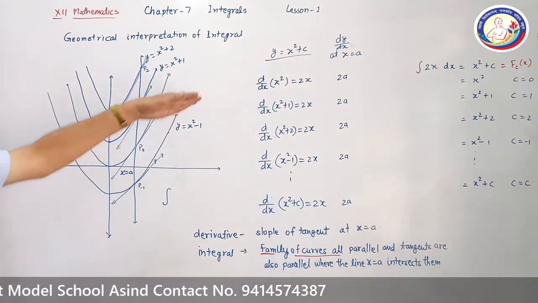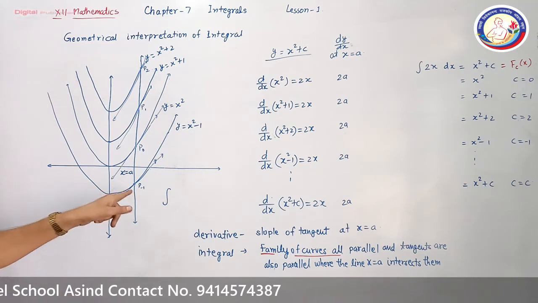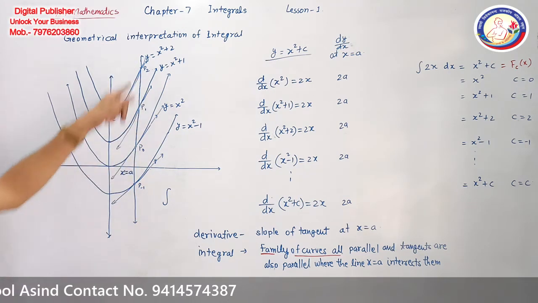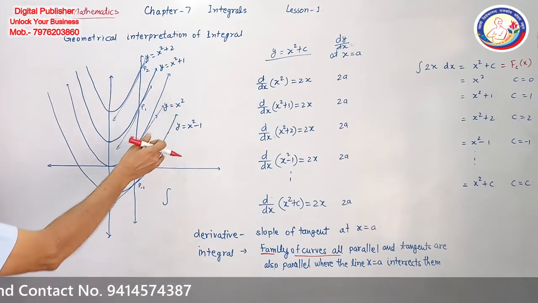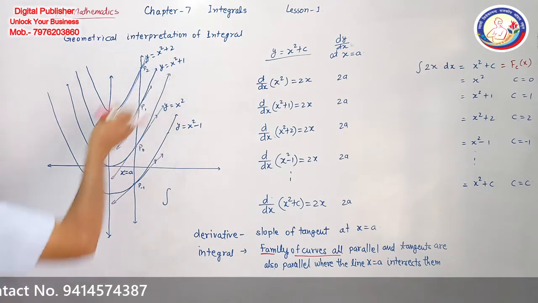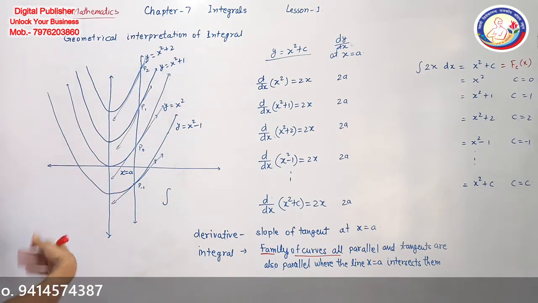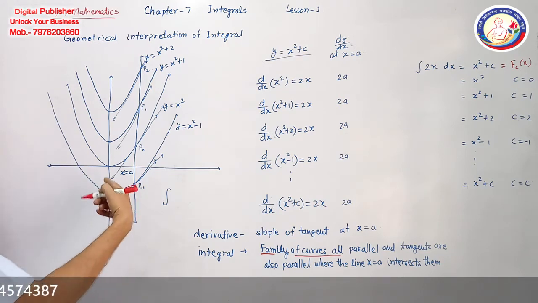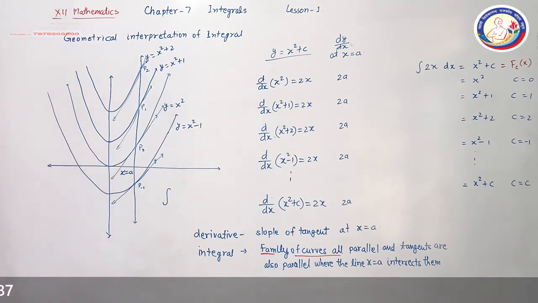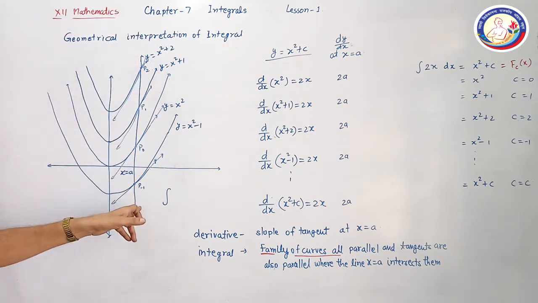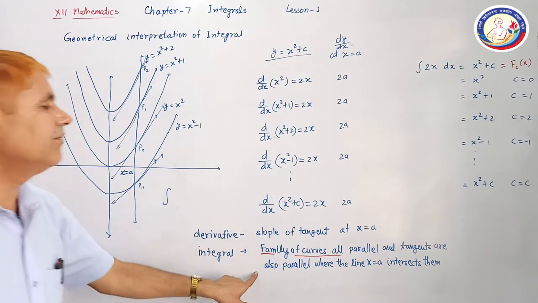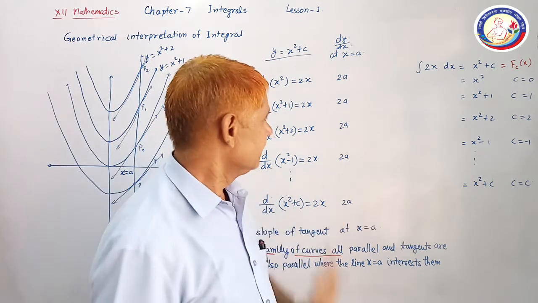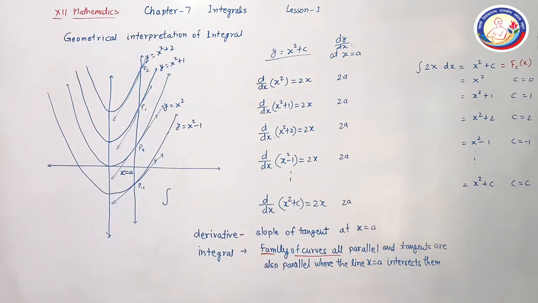So all the tangents at the intersection points of the curves and this line will always be parallel. Infinite number of curves and infinite number of tangents at intersection by the line x equal to a, all will be parallel. This is the geometrical meaning of integral.